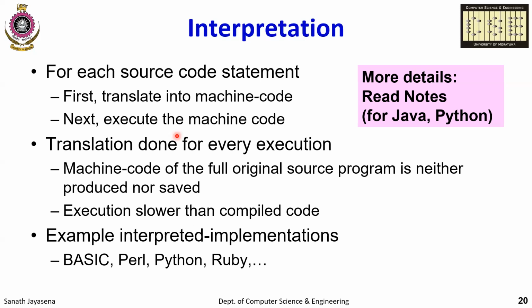So in the case of Java, you can see it's actually a mix of compilation and interpretation. Actually, Python also has something like that. Usually Python is referred to as an interpreted language, but for reasons of optimization and fast execution, it has a two-stage process where there is some form of compilation into some intermediate code and it's executed after that.